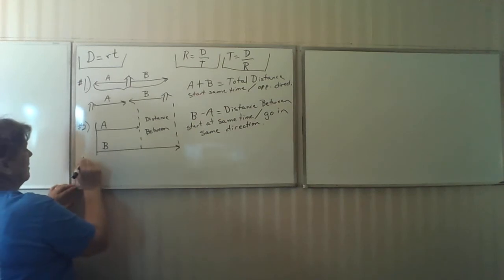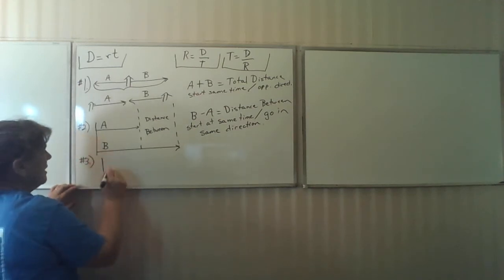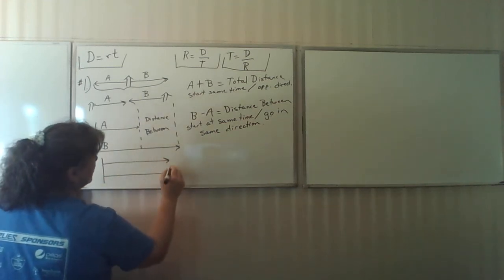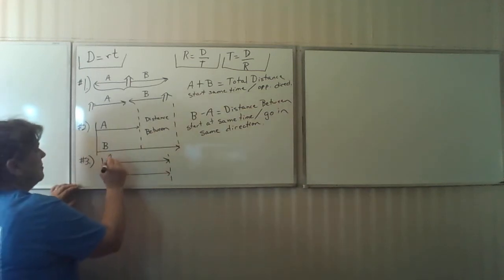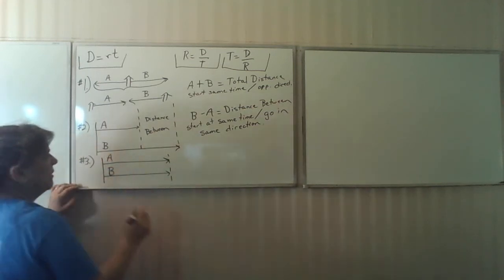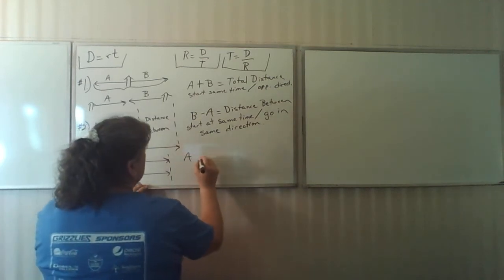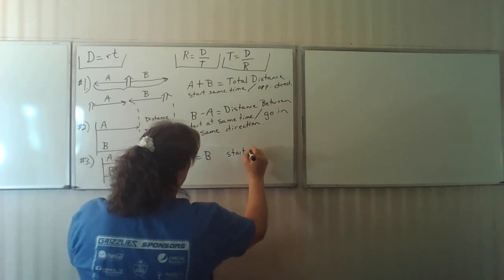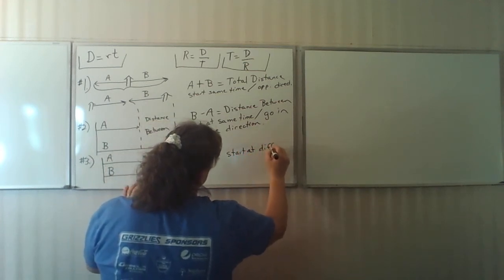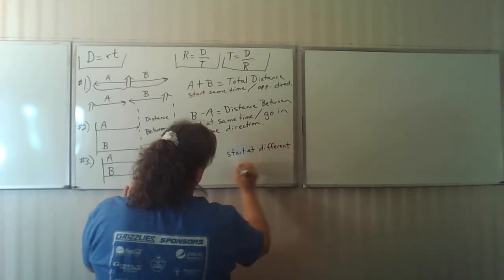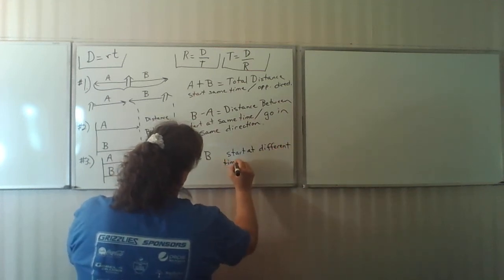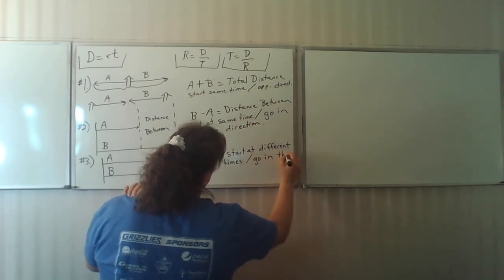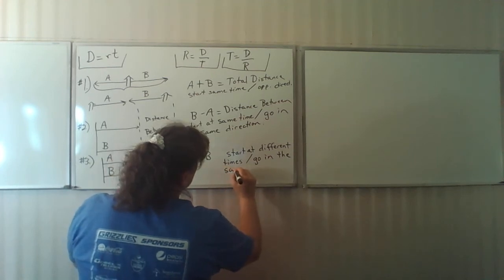Number three. Number three has the first one starts, and the second one starts and catches them. So in this case, you have A is equal to B, and they start at different times, as well as go in the same direction, because the second one has to catch the first one.